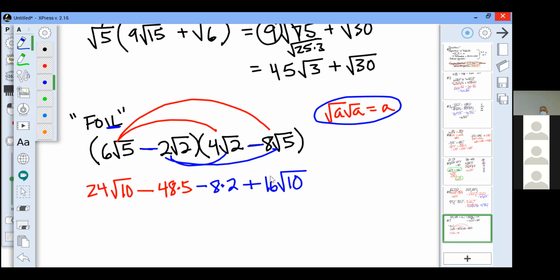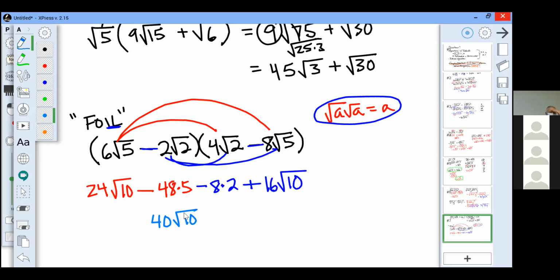But again, it's just something you got to be really cautious with to do the few things that it takes to get to the 4 terms and then just simplify the 4 terms. So we've got how many radical 10s? How many total? Got 24 here, 16 here, so 40.